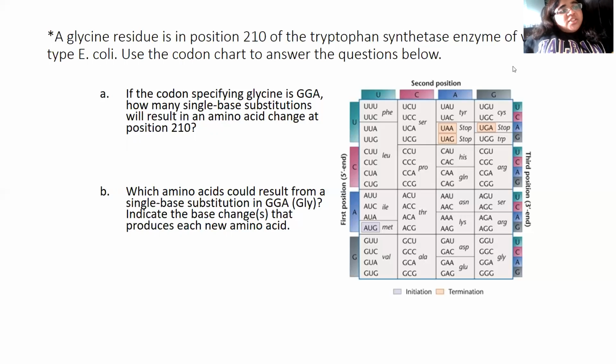So to answer this question, you would end up listing out how many different combinations you can have. Each spot has 3 other choices that can happen, right?